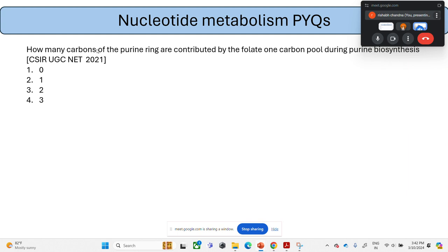How many carbons of the purine ring are contributed by the folate one-carbon pool during purine biosynthesis? The options are 0, 1, 2, 3. Can you guess?